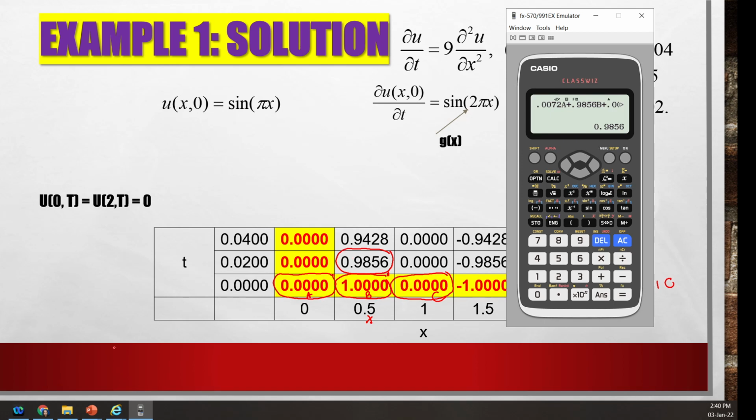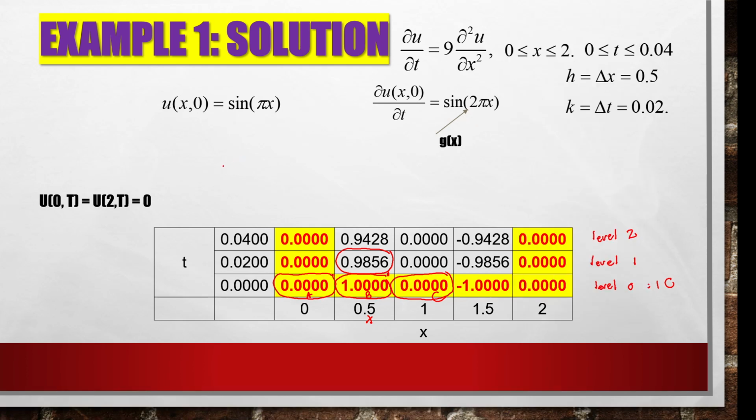Because coincidentally, the term sin 2 pi x when x is 0.5, the result is 0. You have the term plus 0.02 sin 2 pi x. When x is half, you get sin pi, which is 0. When x is 1 also, sin 2 pi is 0.